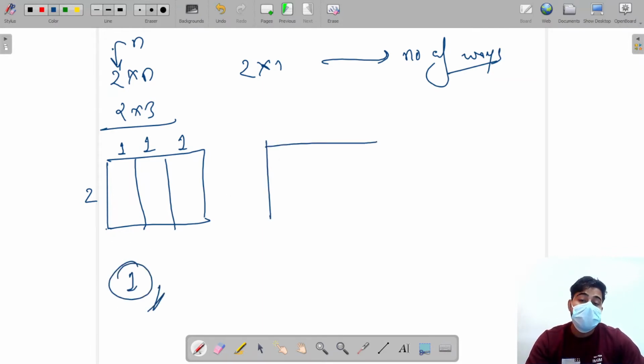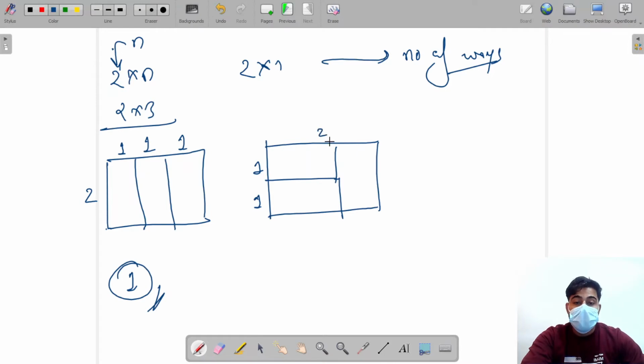Similarly, the second way of placing the tiles will be nothing but placing 2 tiles horizontally one over the another, and placing one of the tiles vertically. So here you can see their dimensions are still maintained. The height will be 2, the width will be 3.